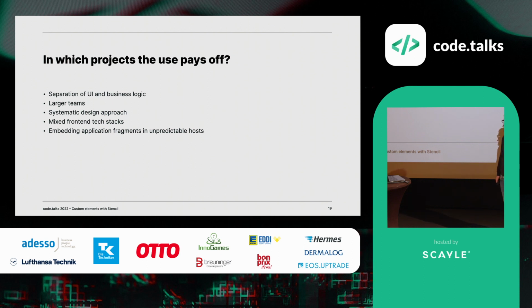So in this situation, we often make use of this because beforehand we don't know, for example, based on which technology an application will be built in the future by our customers.